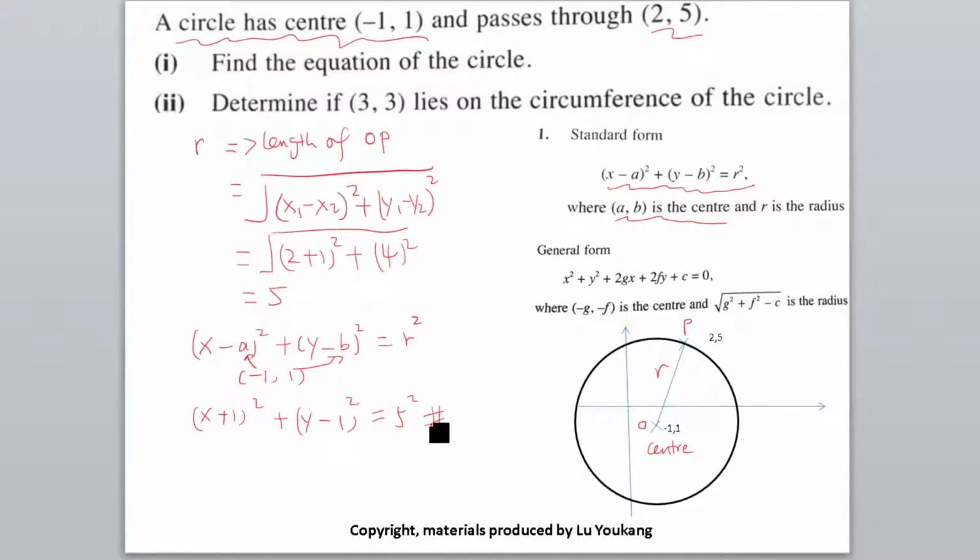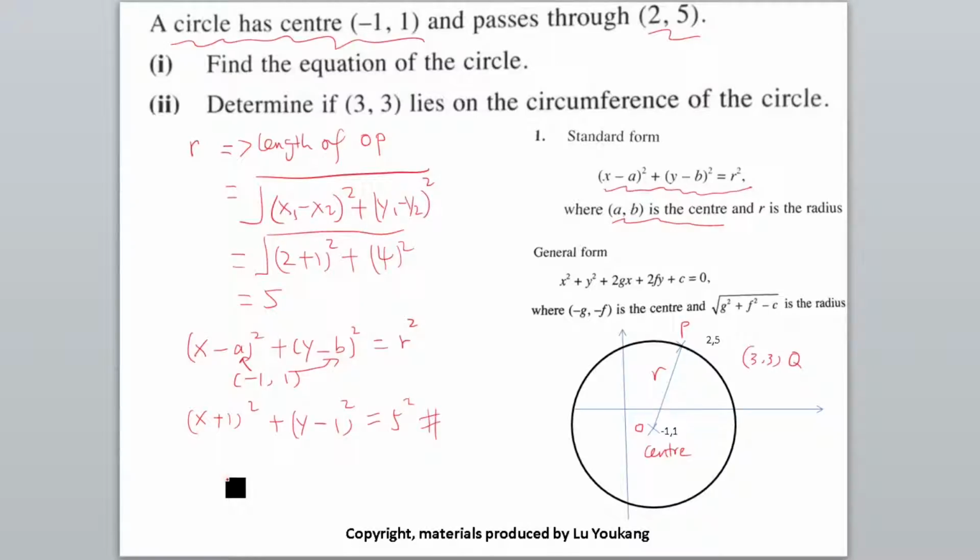Okay, so that is the equation of the circle. It is a new concept, but you just have to find the values of a, b and r and then substitute into the equation.